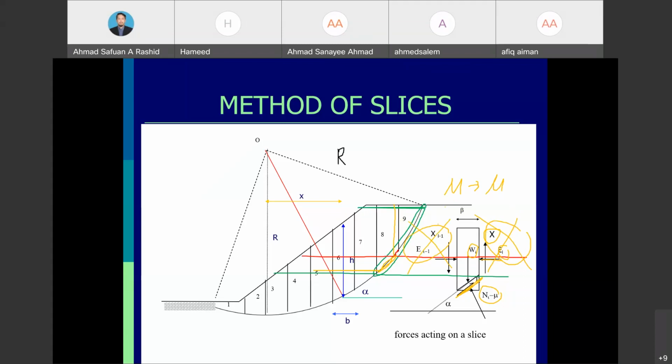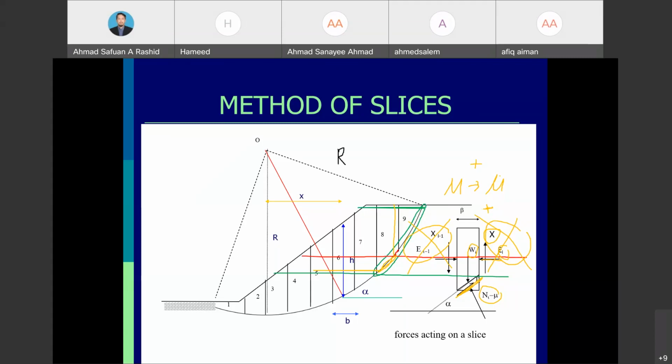Sorry, the first one also assumes X and E are equal to 0, and then Fellenius added the pore water pressure in the analysis. And the last is Bishop. We only cover three types of method of slices analysis. The first one is the original one.